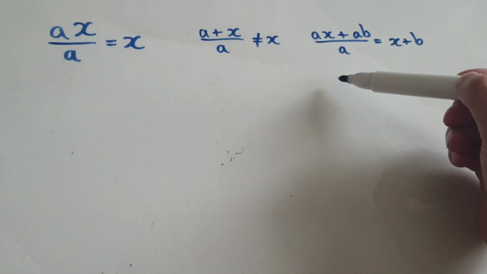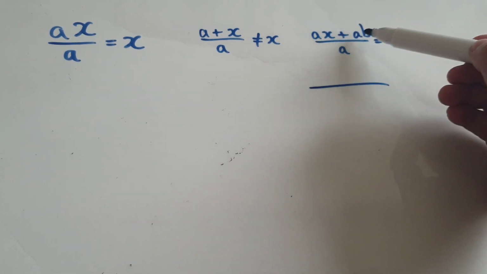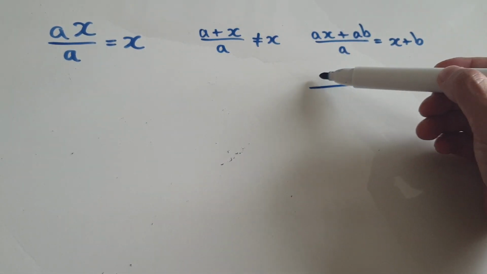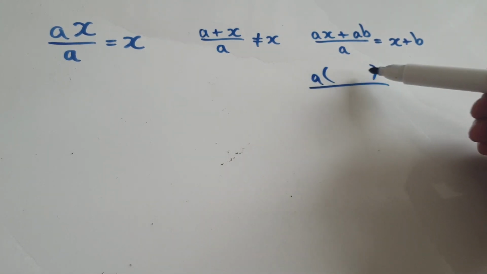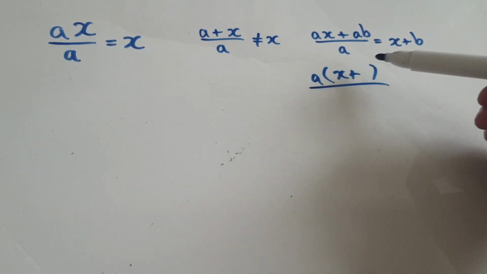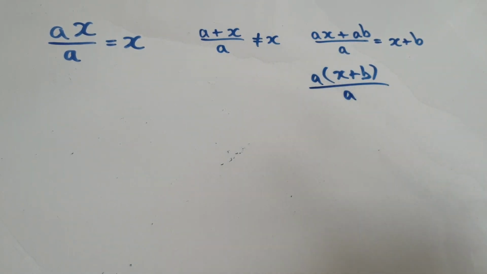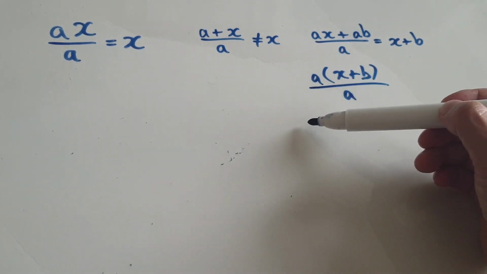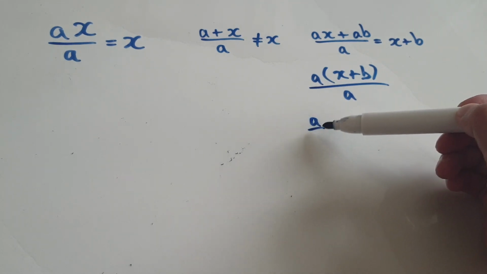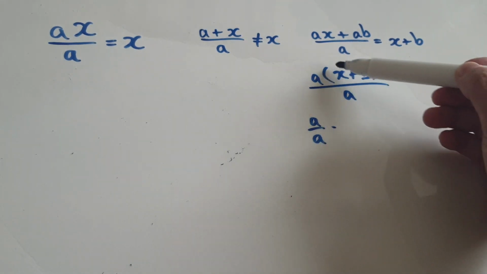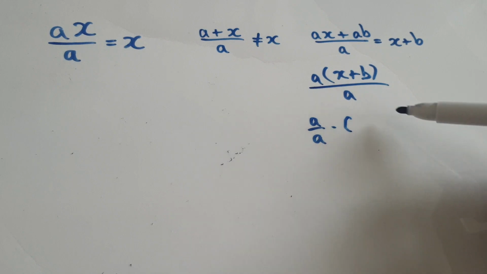This one here, if you look at the numerator, a is in common for the numerator, so you can factor out the a. So it's like this. This would be x and this would be b, and then the denominator stays the same. So now you can rewrite this as a over a times that bubble here, x plus b.